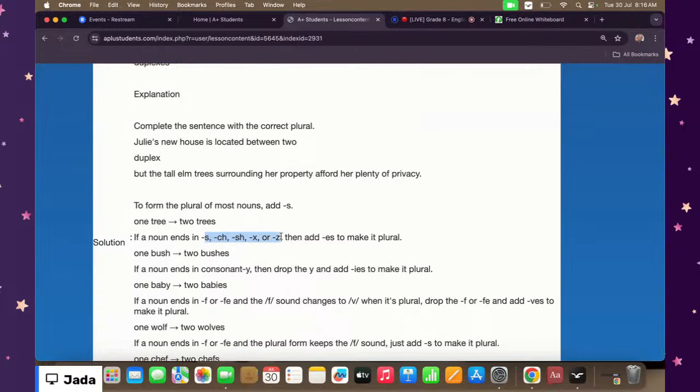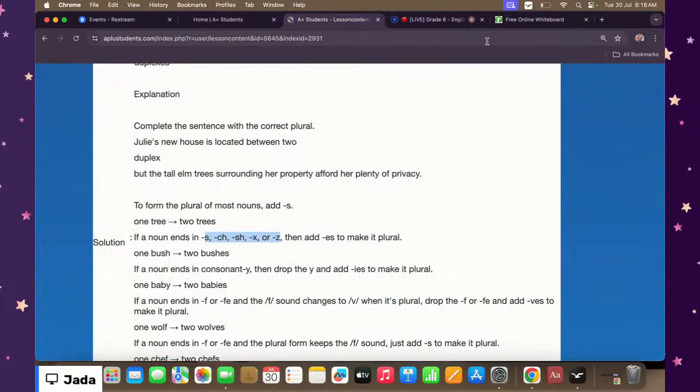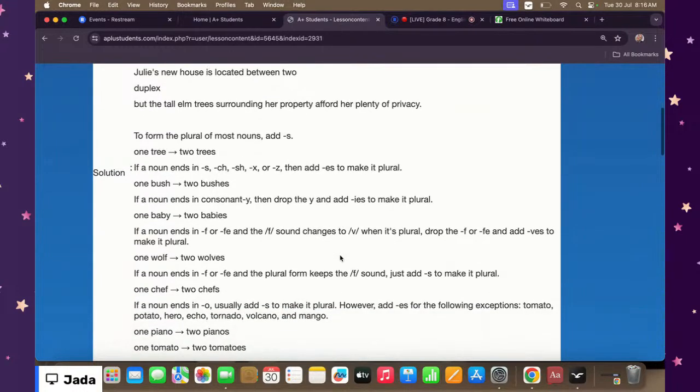All right. Sometimes when they end with y, in fact most times when they end with y, you have to drop the y and add ies. So the y is changed to i. Okay. So it becomes ies. So if it ends with a consonant y, then drop the y and add ies to make it plural.